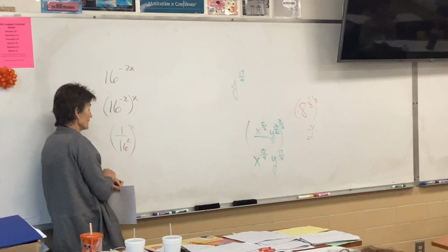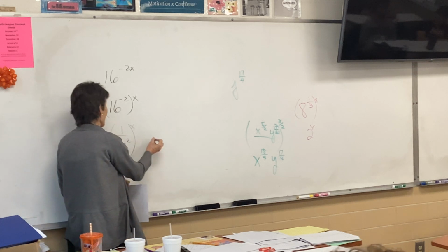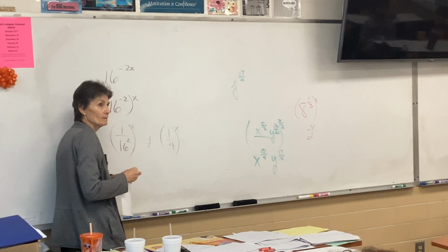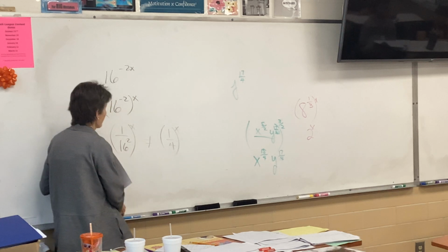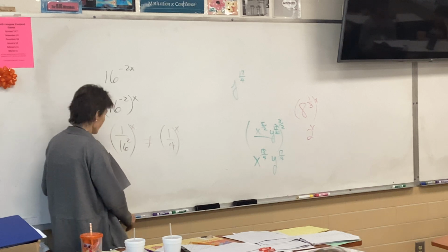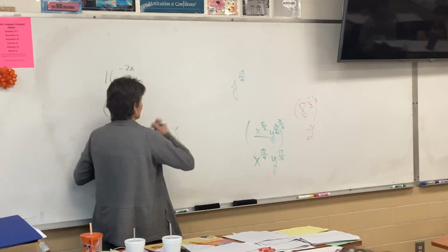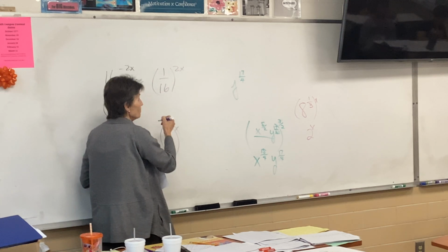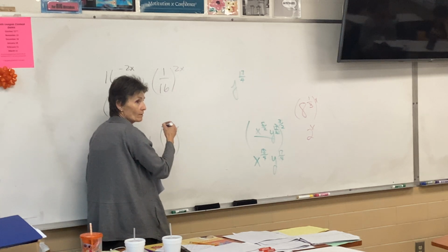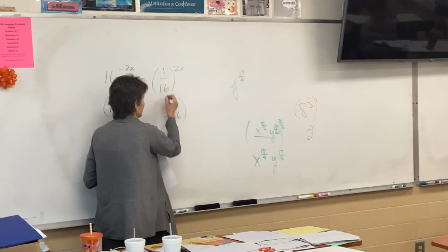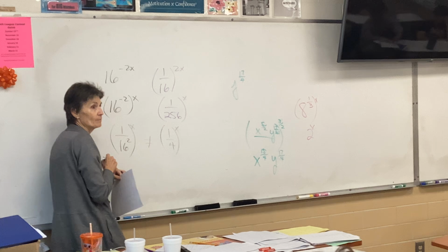So this is definitely a decay, but that is not the same as 1/4 to the x. Declan, do you see that? Yeah, I did the negative first, so I made it 1 over 16 to the 2x. Okay, that doesn't change anything. 1 over 16 to the 2x means 1 over 16 squared, which is still gonna be 1 over 256 to the x.